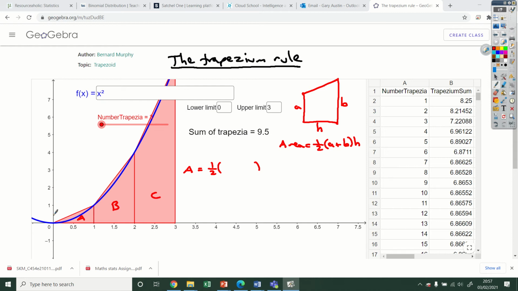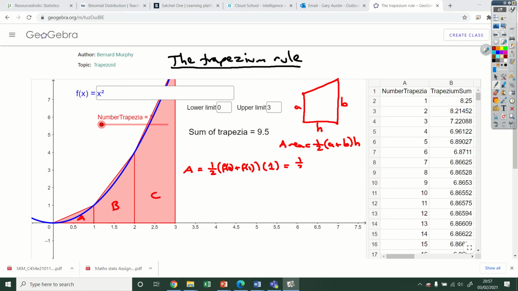But these are y values. These are what you get when you plug these values into the function. So I'm going to write it firstly as f of 0 plus f of 1. I know that's going to be 0 and 1, but it's helpful to note it down. Oh, I've forgotten the distance in between. That's going to be 1 because that's how far these are apart.